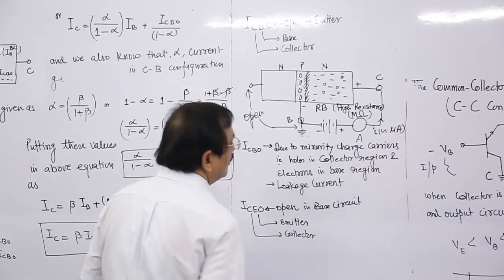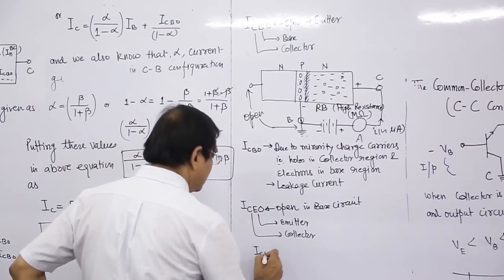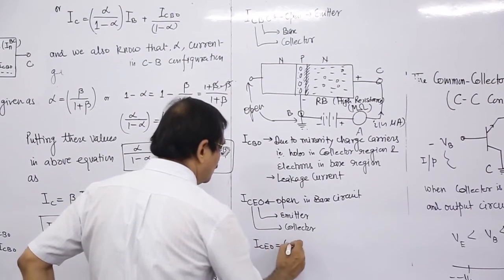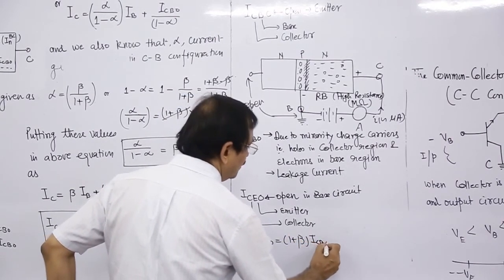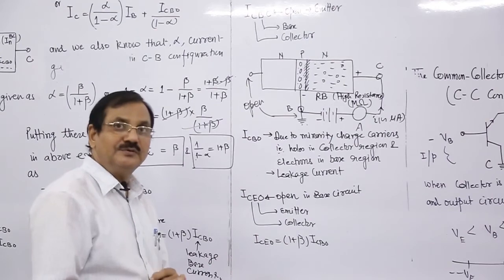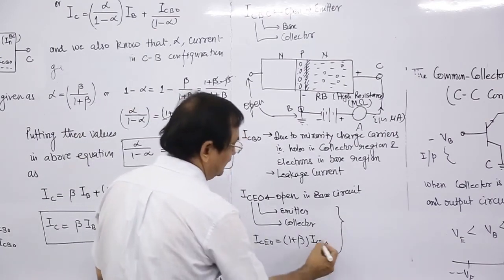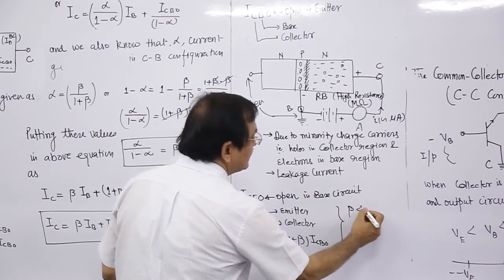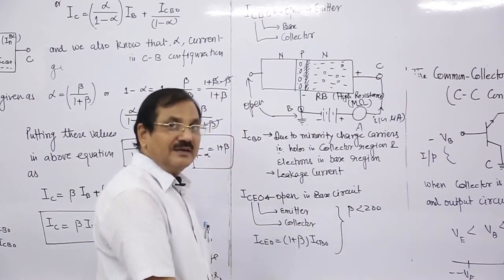Open in base circuit. So ICEO is equal to (1 plus beta) into ICBO. If you consider the values, beta is greater than 50 and less than 200.